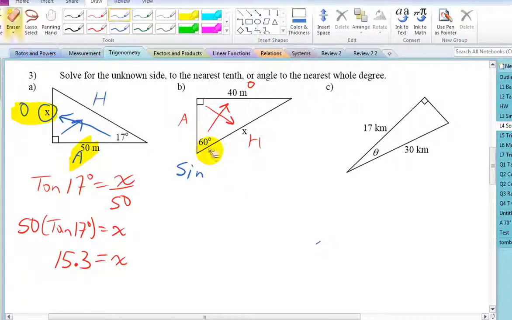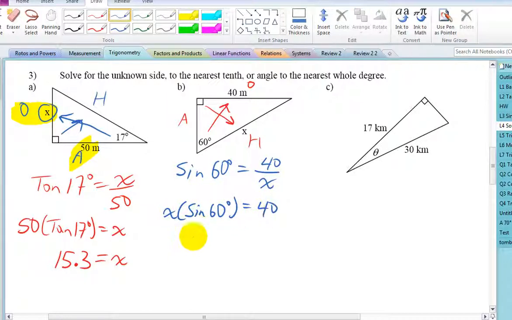Always have a number or letter in between the ratio and the equal sign. Sine 60 degrees equals 40 over x. So x is in the basement. We have to get it out first by doing the opposite of division. We multiply by x. And then we have to get rid of the sine 60, so we do that by dividing by it.